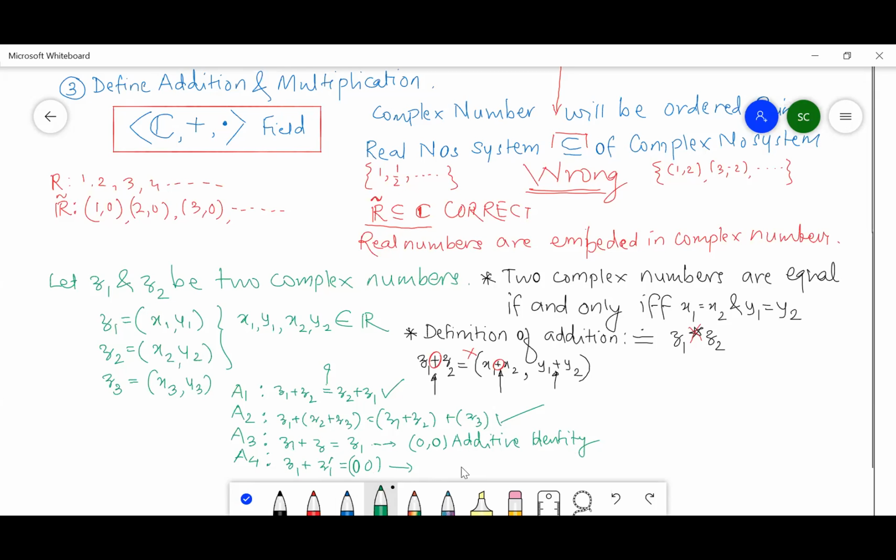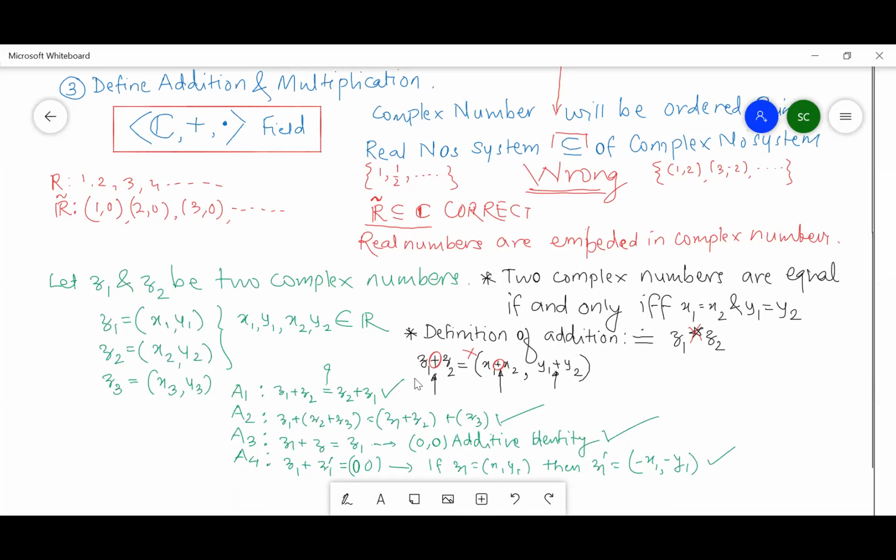So of course, if Z1 is X1, Y1, then Z1 dash is going to be opposite of X1, opposite of Y1, right? So all four, A1, A2, A3, A4, everything is gone through. Therefore we can say that, okay, addition of complex numbers can be defined like this. Very good.